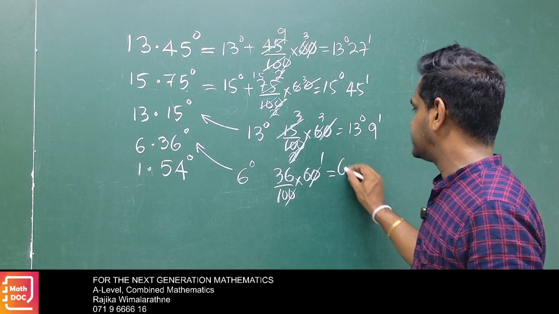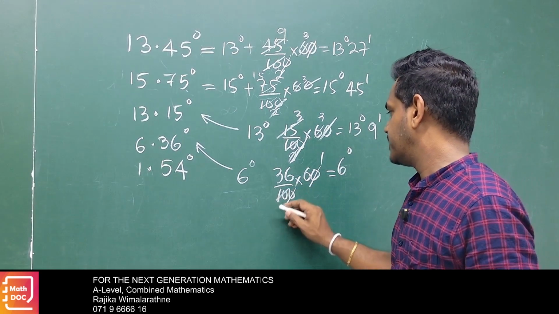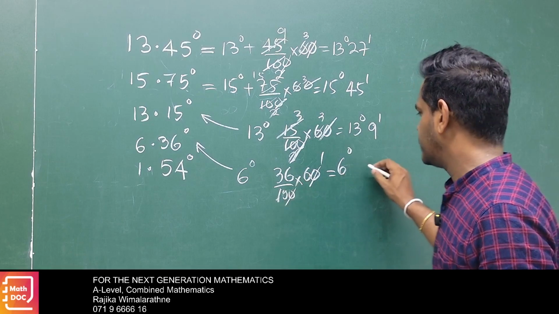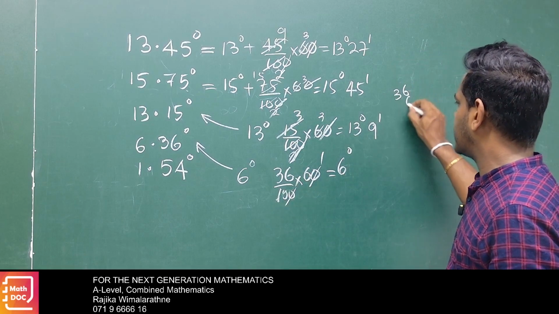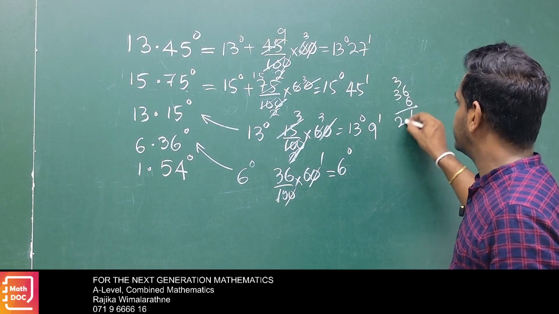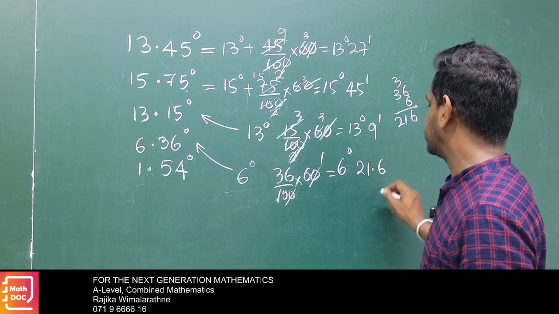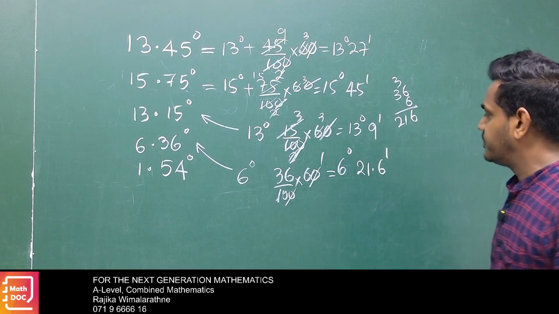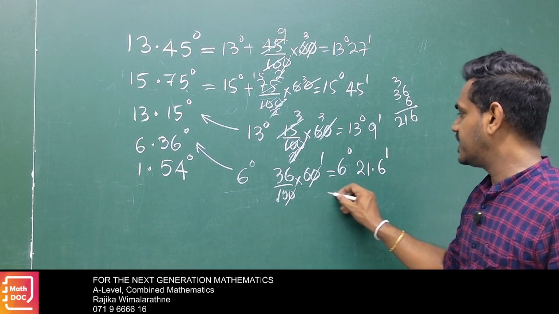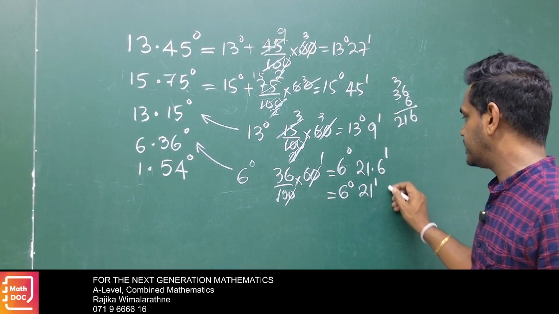Then here 6 degree 36. Here 36 times 6 is 21.6 minutes. Further we have decimal now. Then 6 degree 21 minutes.